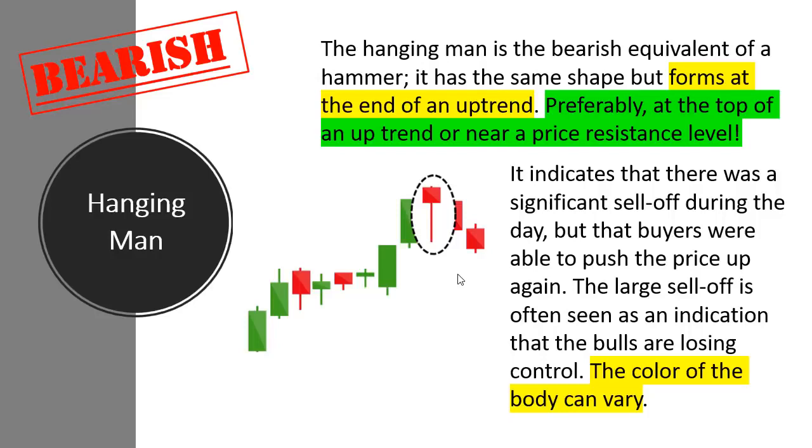The best hammers are always going to be placed at or near a bottom and at or near price support, or price resistance in a downtrend. So for example, a stock that has been moving down, rallies up, and this pattern shows up right near the downtrend, that's a beautiful reversal pattern.